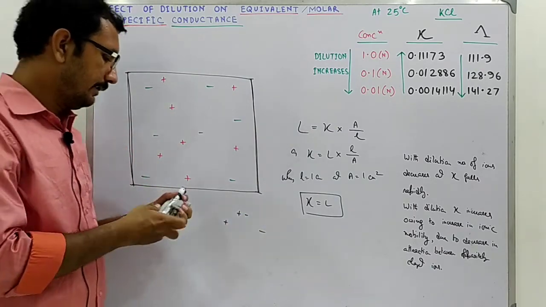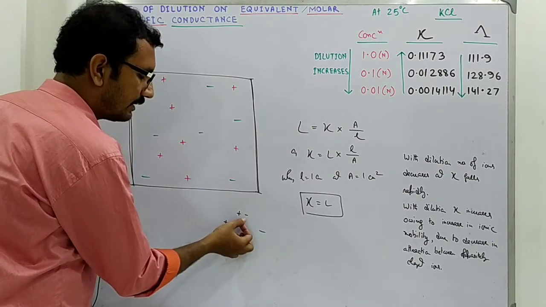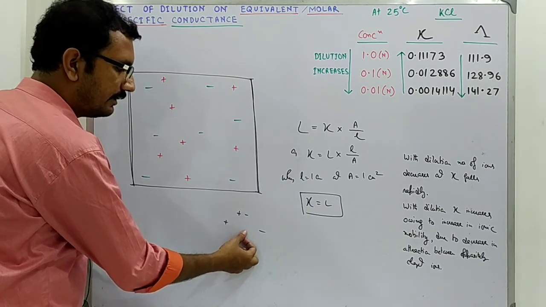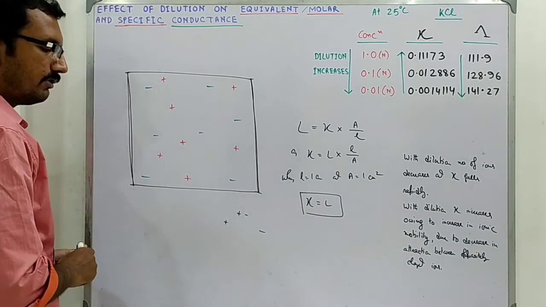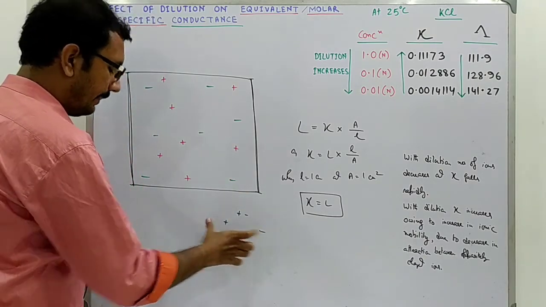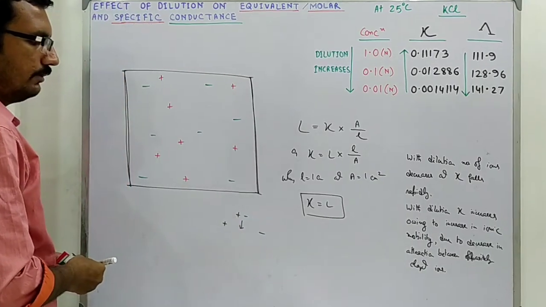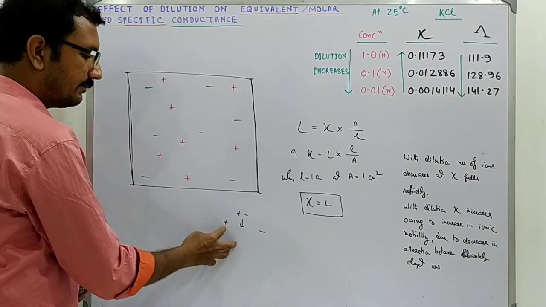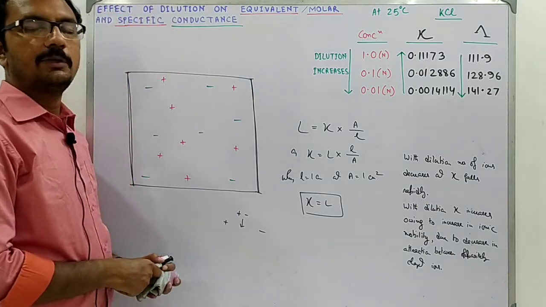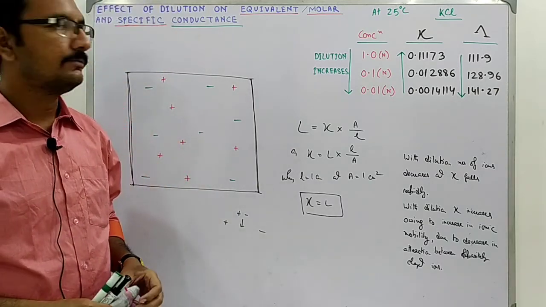But in concentrated condition, there was attraction between the oppositely charged ions, and when you dilute, this attraction decreases. The Coulombic electrostatic force of attraction between the oppositely charged ions decreases with increase in dilution. This minus will move faster, this plus will move faster. So, what will happen? The equivalent conductance will increase with increase in dilution.